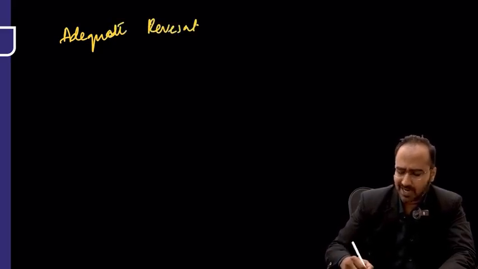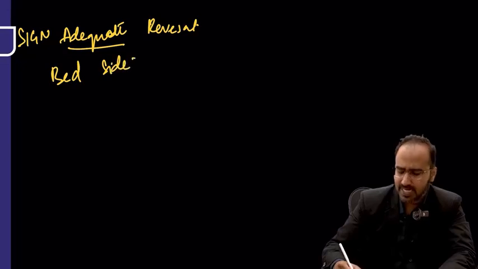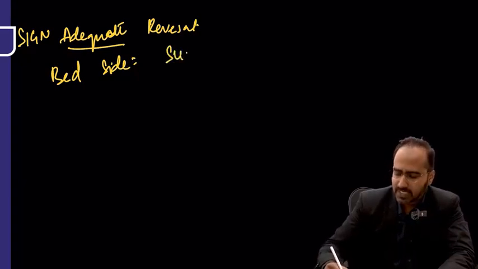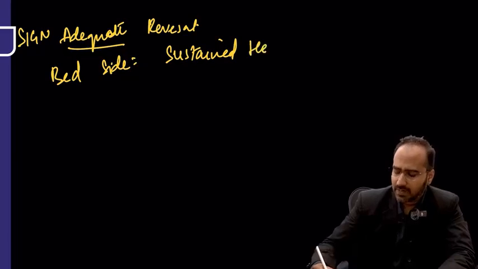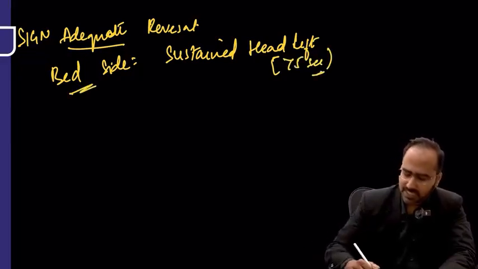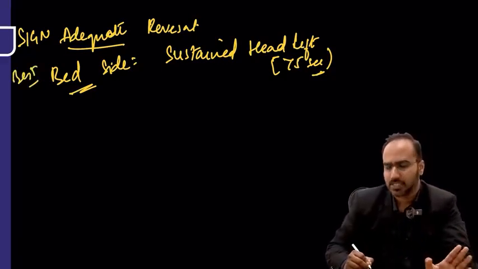There are many signs of adequate reversal. But guys, the best bedside sign is what? You tell the patient to lift his head for 5 seconds. If the patient is having sustained head lift for more than 5 seconds, then it is the best bedside sign that indicates the patient is adequately reversed.